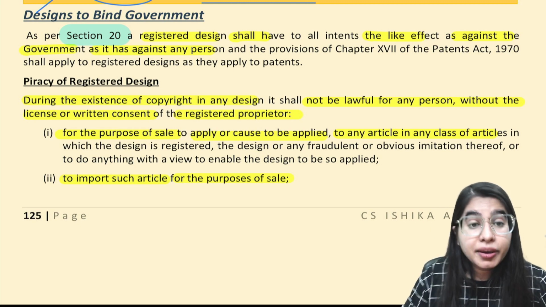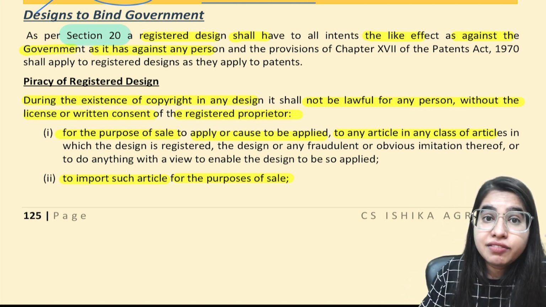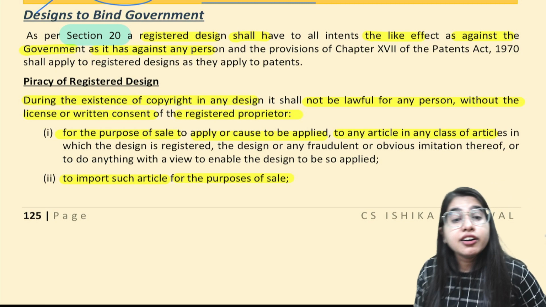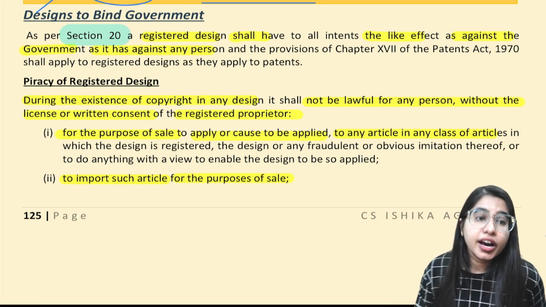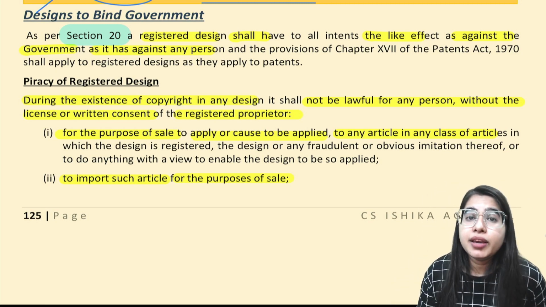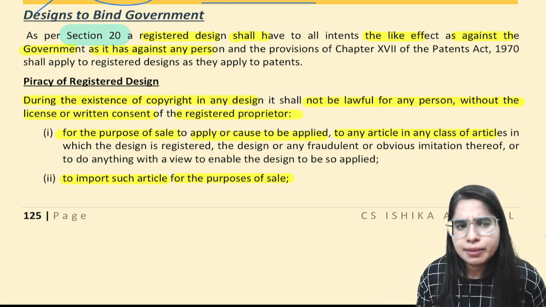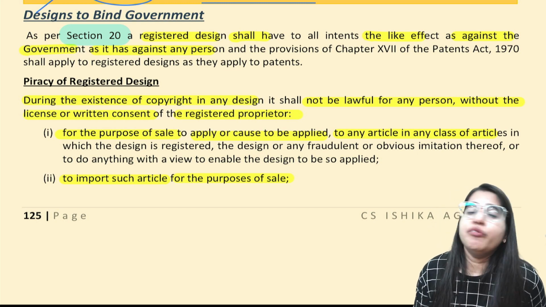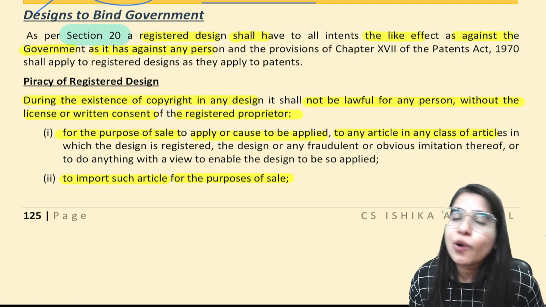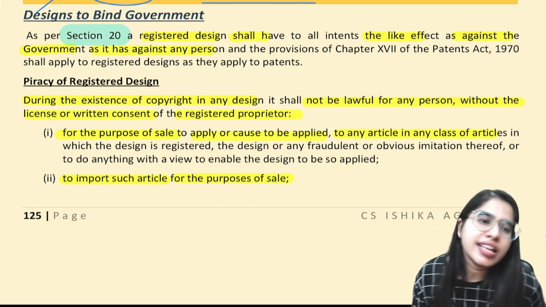A patent may, for public welfare, if that invention is necessary to be used, then government can use that invention. Are you understanding? But design, government cannot use, except for one exception. Which means government is also bound by the Design Act.